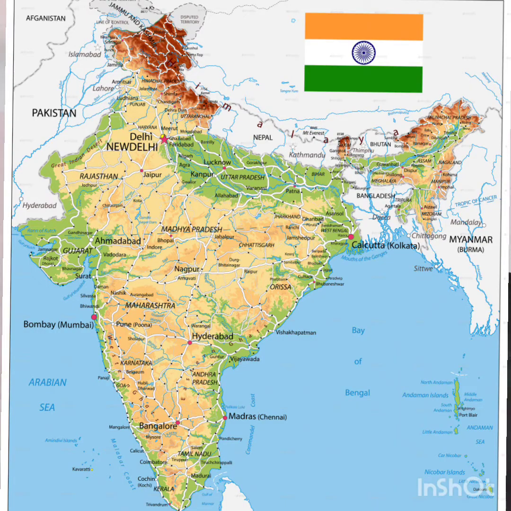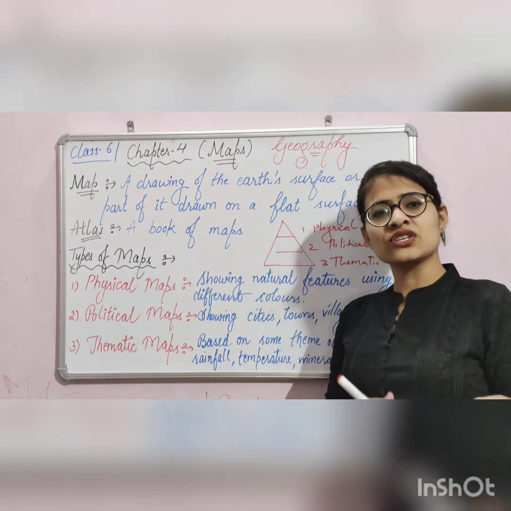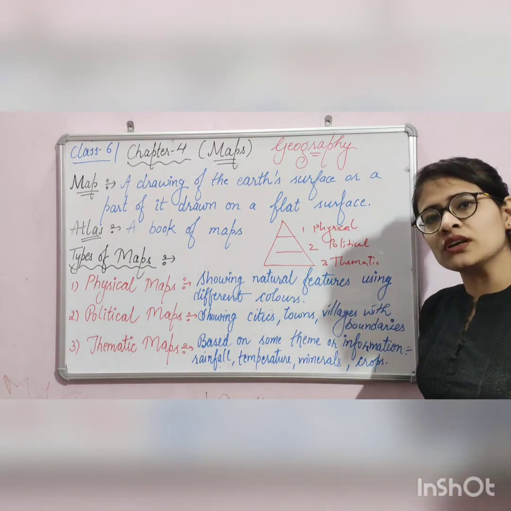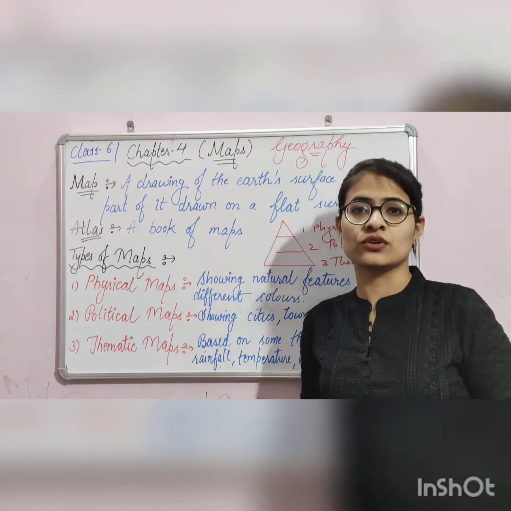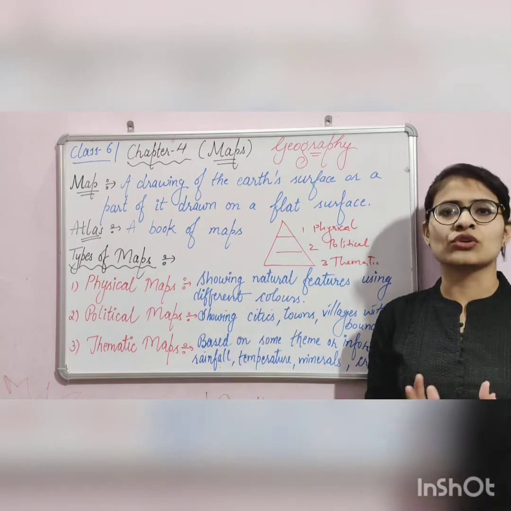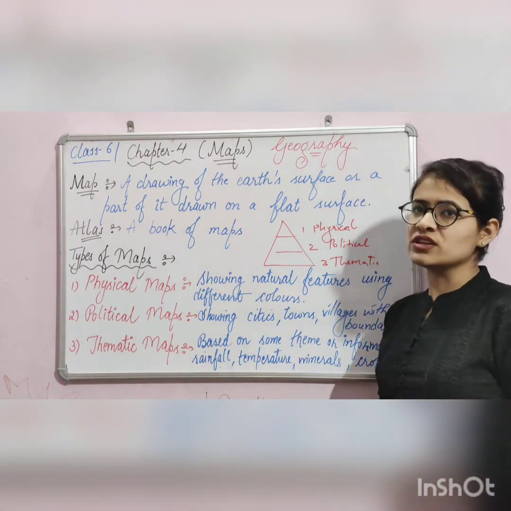For desert and soil we can use brown, and for mountains dark brown. We use green for vegetation, white for the snow by which the Himalayas are covered, and blue to show water, the oceans and the seas. So these are called physical maps, in which we show natural features by using different colors.